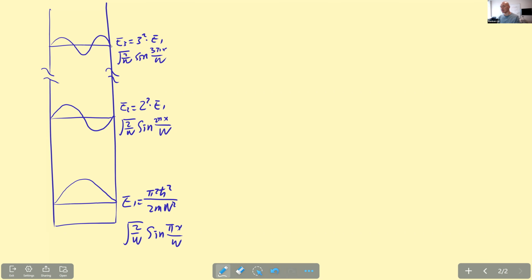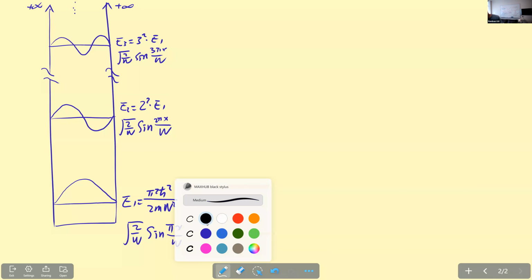You can see that the first state has 0 nodes, and the second state has 1 node, and the third state has two nodes, and so on and so forth. So these are the states for the infinite quantum well. But you can also consider the case that if you have a case that's not infinite.